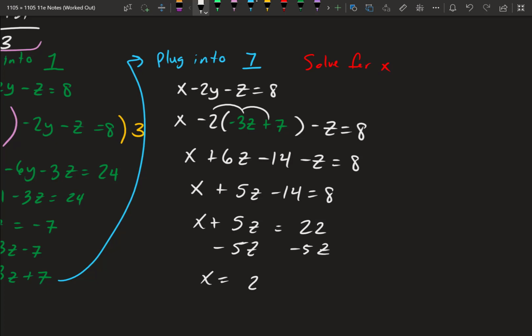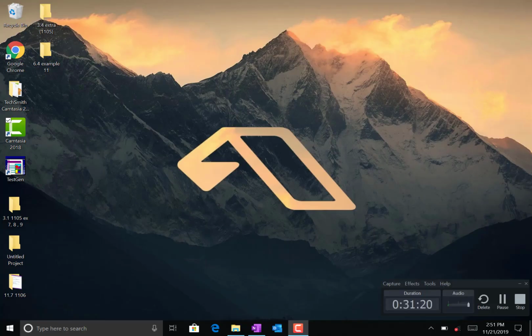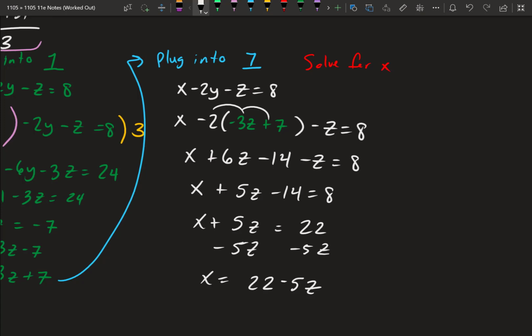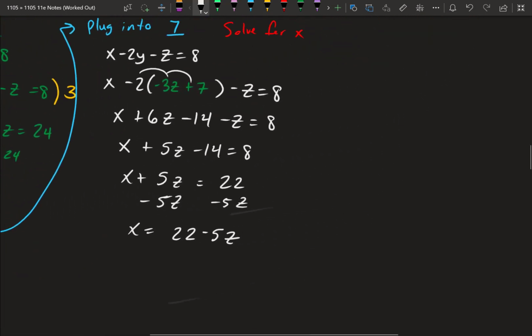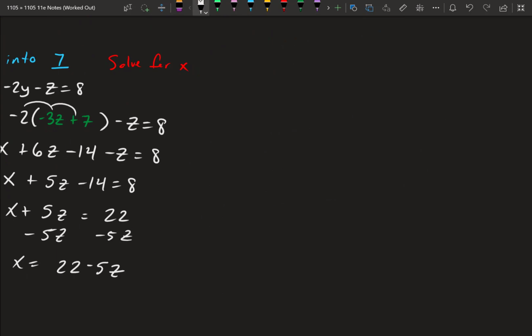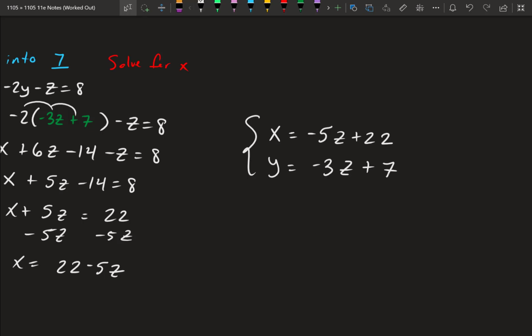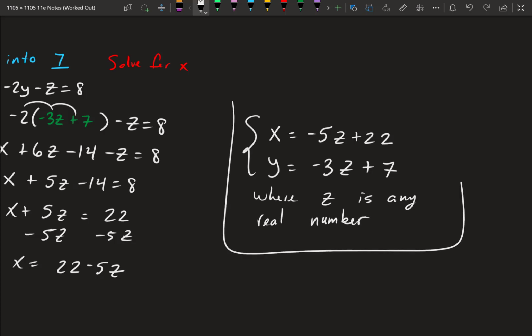So we have x equals 22 minus 5z. So our answer, I'm going to write it over here because I'm out of space. That's our answer.